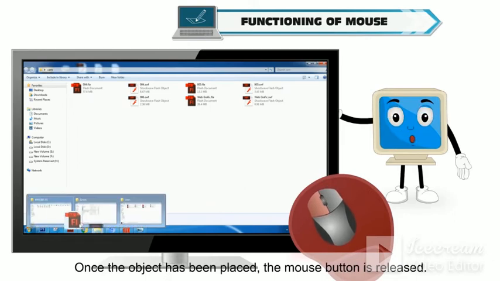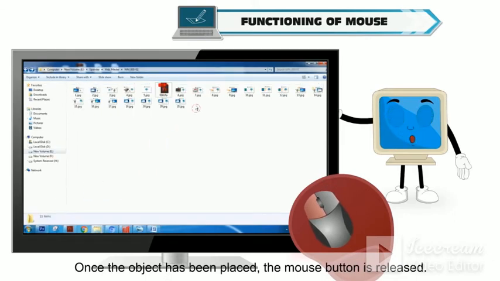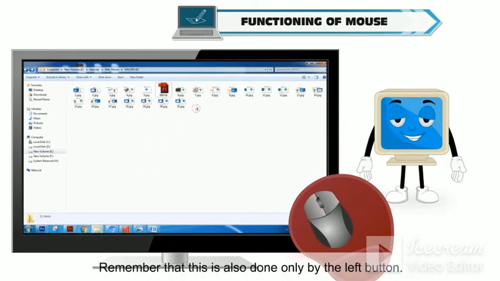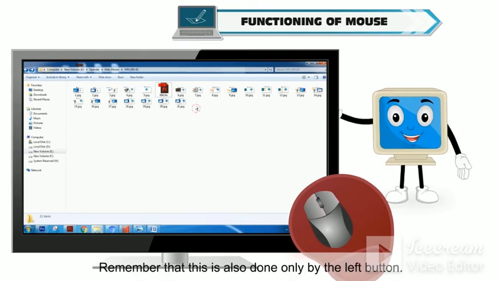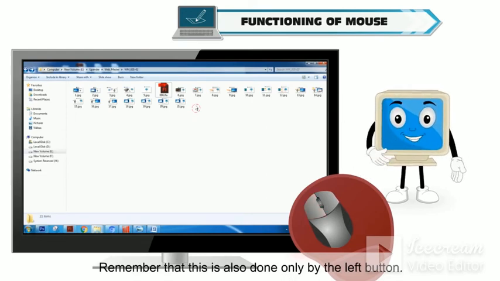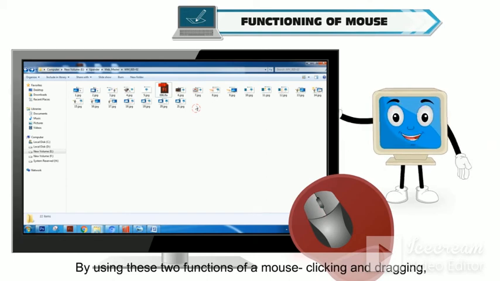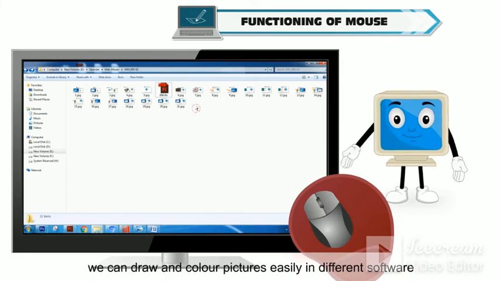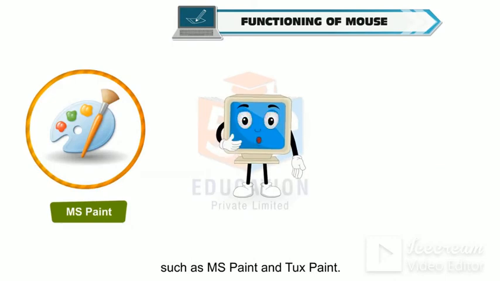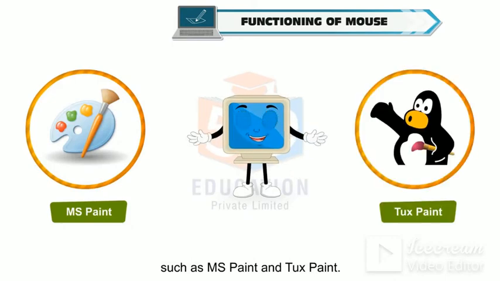Once the object has been placed, the mouse button is released. Remember that this is also done only by the left button. By using these two functions of a mouse, clicking and dragging, we can draw and color pictures easily in different software such as MS Paint and Tux Paint.